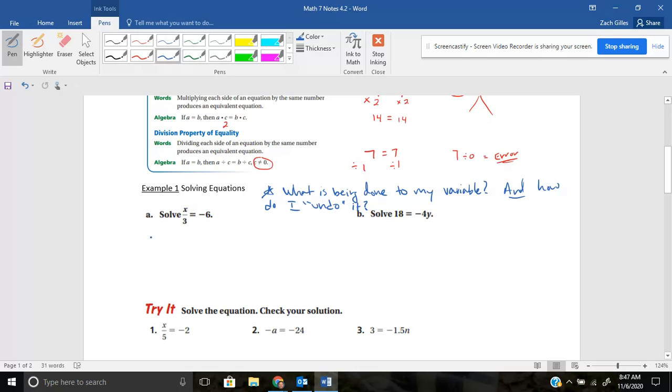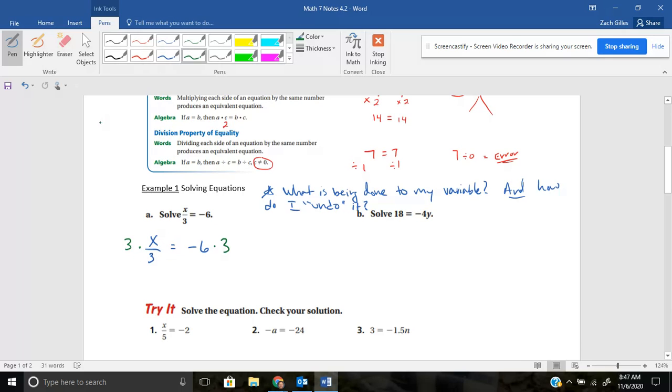So let me write this out here. x divided by 3 equals negative 6. Again, to undo this dividing by 3, I would multiply by 3. Whatever I do to one side, remember this dot means multiply, I need to do it to the other side. Now, you might be saying, well, what is 3 times x divided by 3?